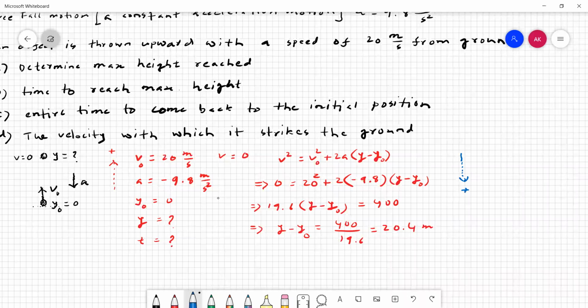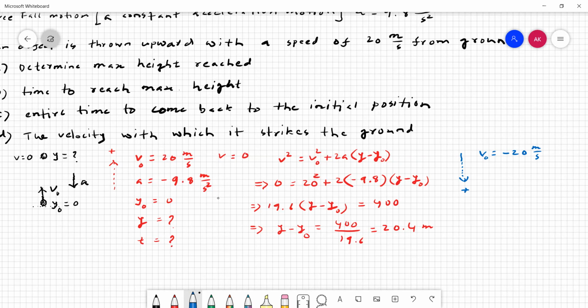If I use the downward direction to be positive and look at my diagram on the left, I'll write everything. So how much will v naught be? Negative 20. And why is it negative 20? Down is positive, right? And which direction is the initial velocity?